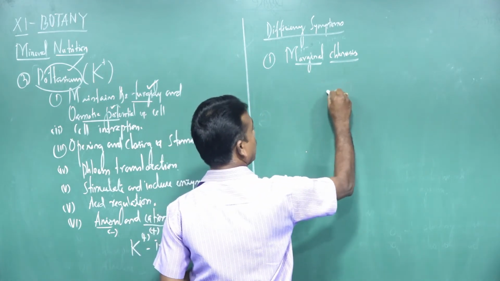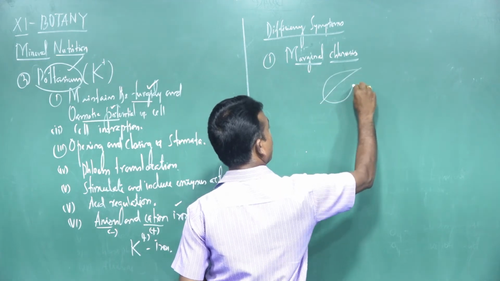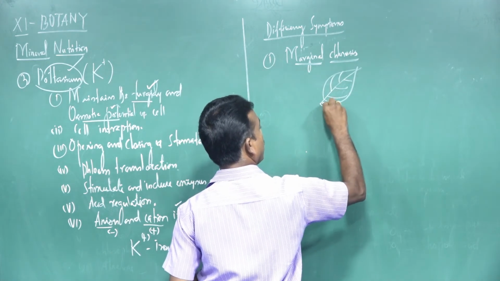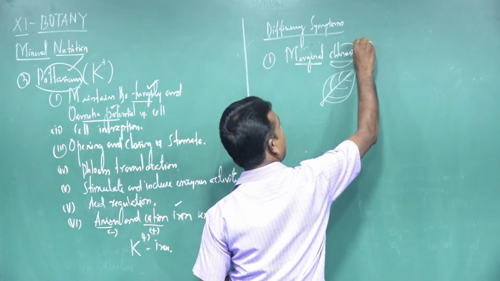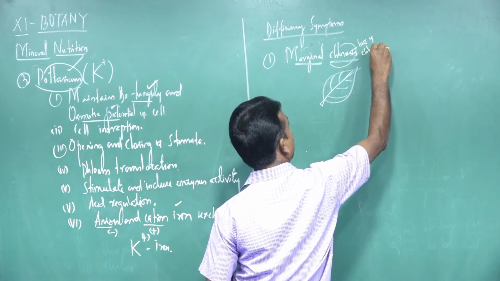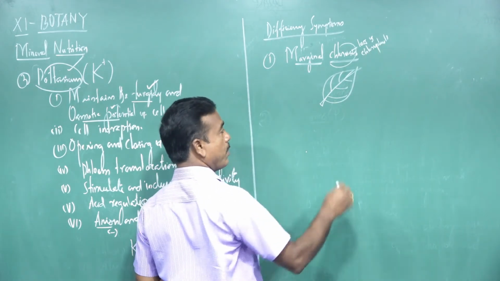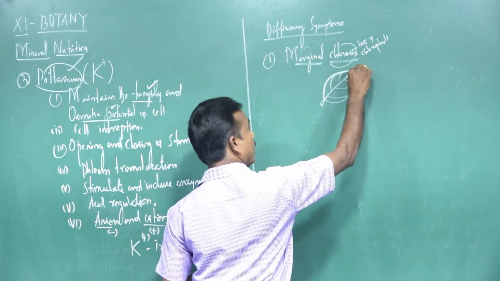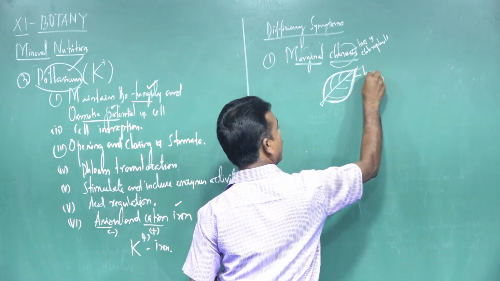Chlorosis is a loss of chlorophyll, and here the loss appears only at the leaf margin.